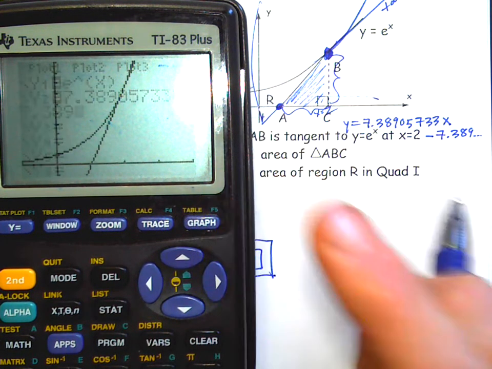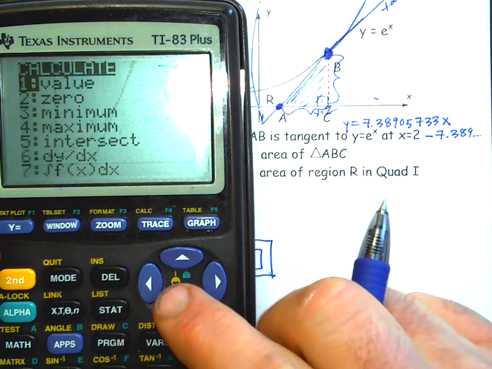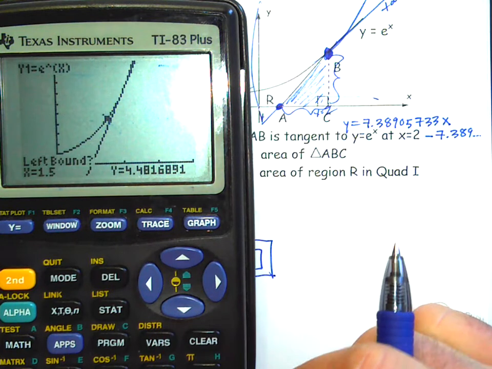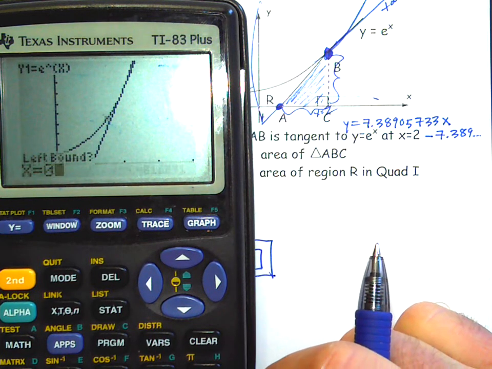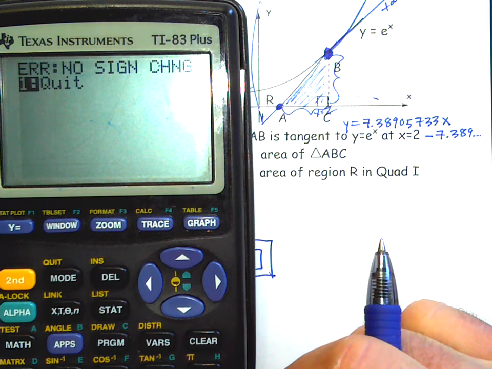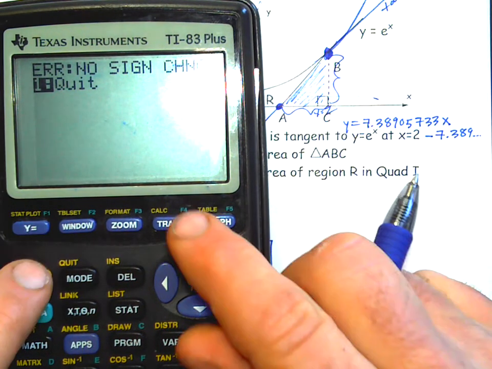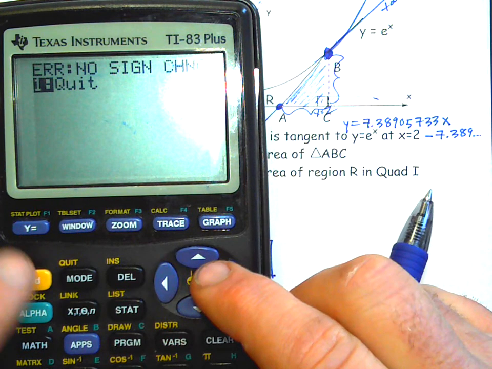Now, if you graph it, it's going to graph it right on top of it. Can't even tell. And you could use that to find its x-intercept. You say, well, it looks like it's close to 1. So 0 to 2, guess 1, and oh, you know what? Shoot, this is no sign error. The reason that did that was because it was looking for the x-intercept on my other curve.